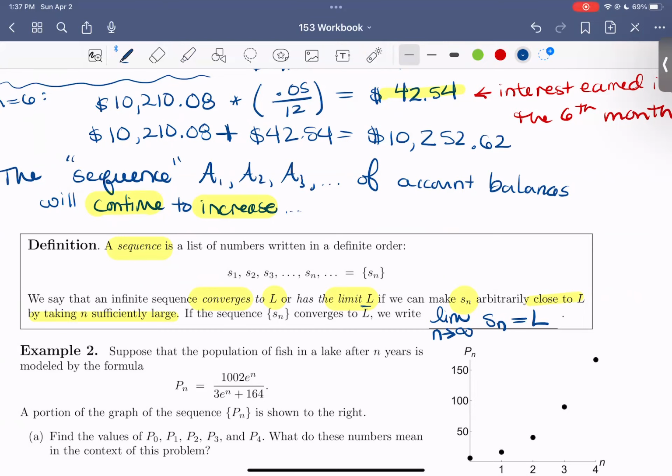In that case, when we've seen these types of limits before, we're looking at something like f of x, and we're taking the limit as x goes to infinity, say, equals L if it does converge. So here we can think of this n as like the input of a function. So you want to know the output? Well, what number of the sequence are you looking at?